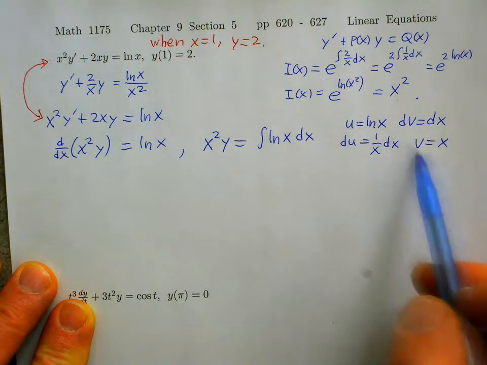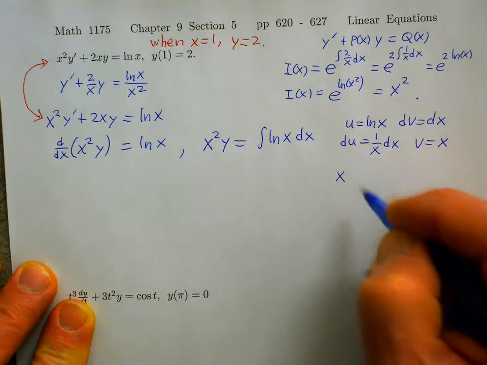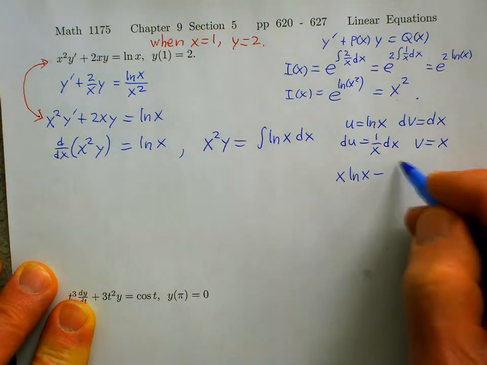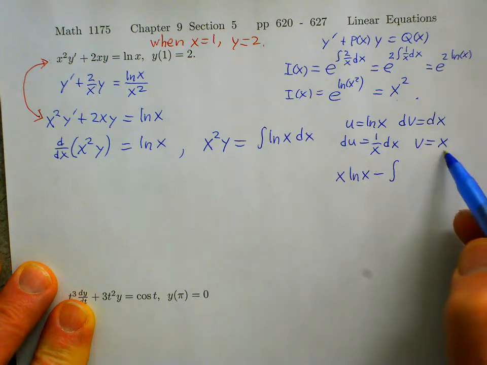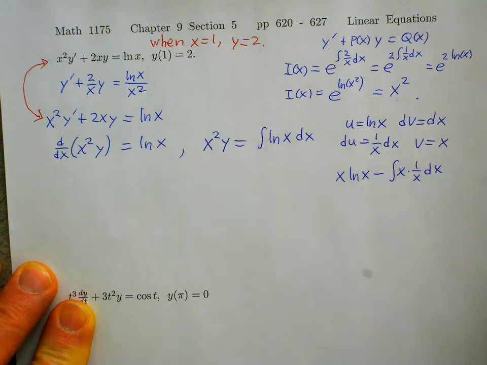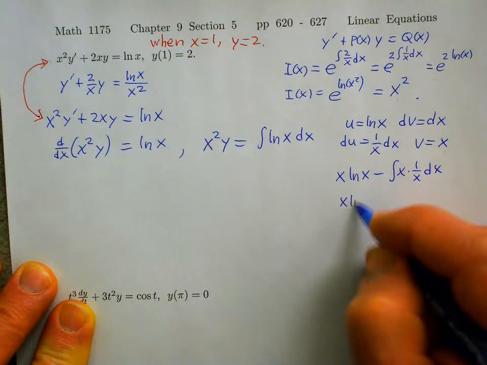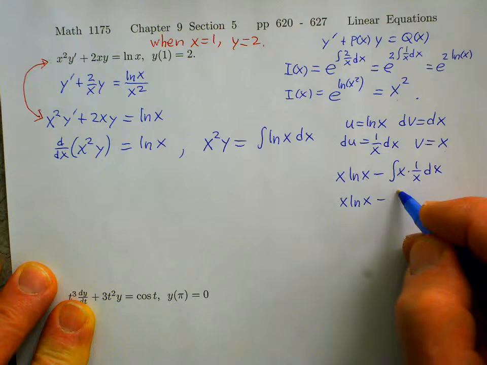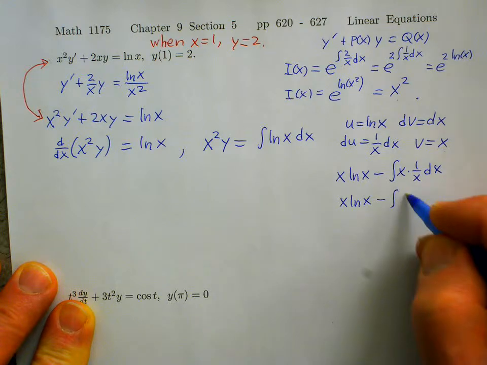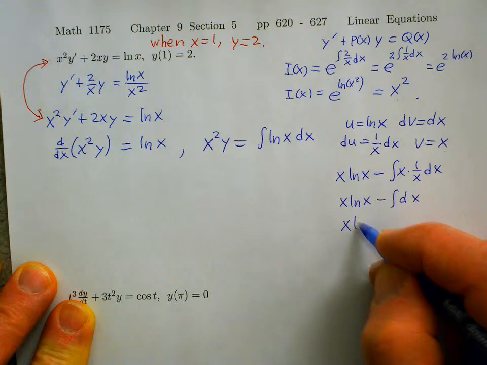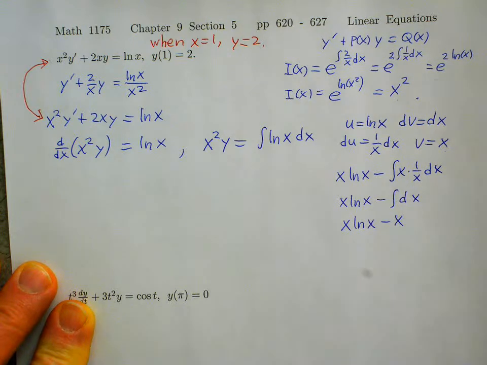So u times v, we get x times the natural log of x, and then minus the integral of v du, which is x times 1 over x dx. But x times 1 over x is just 1, so it's minus the integral of dx, and so that's just x. So we get x times the natural log of x minus x.